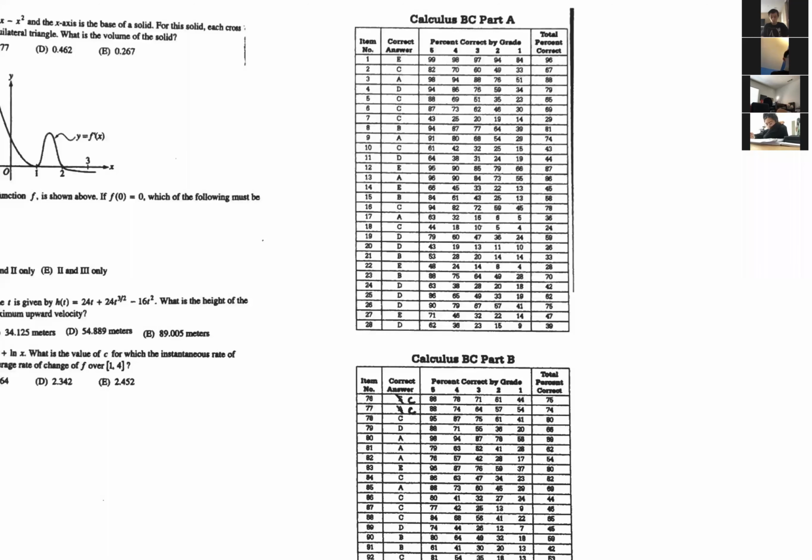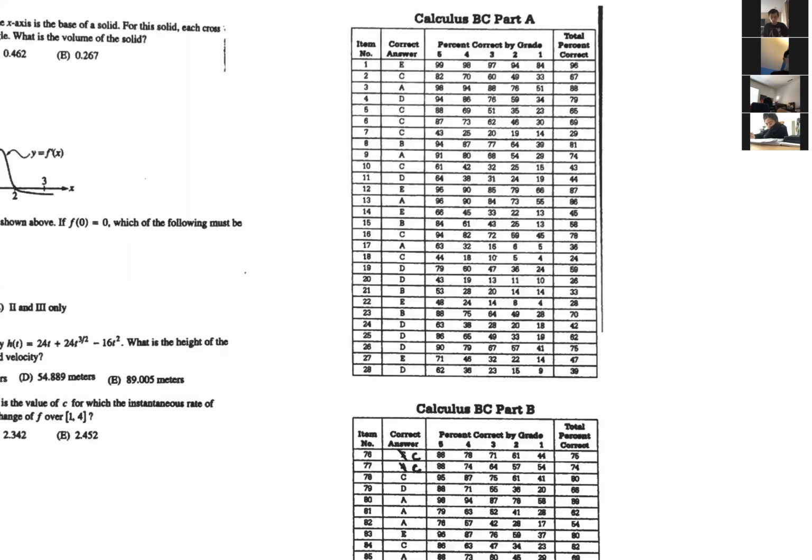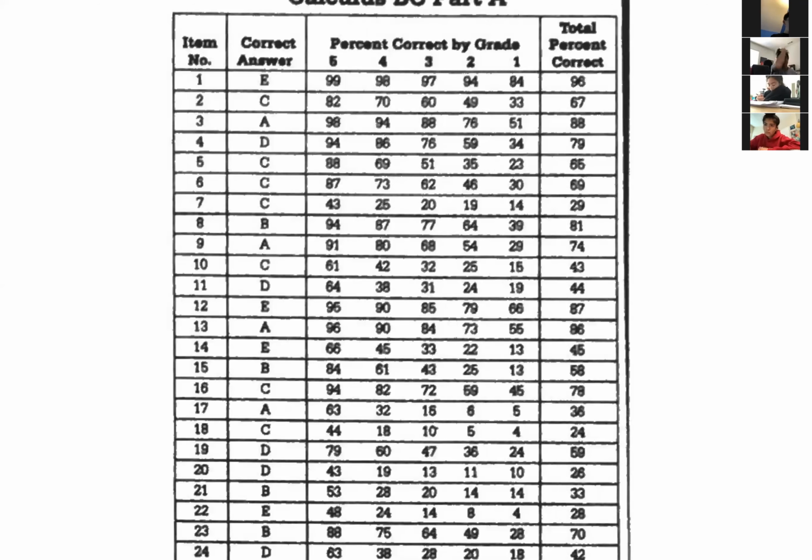You see like number 1 must be easy because 96% got it right. So I would actually say focus most of your time on the ones that a lot of students are getting right, because those are the ones you need to get correct. So you see one like number 7, only 29% got correct. There's some that are really low. So there's quite a few problems that less than half of students get right.